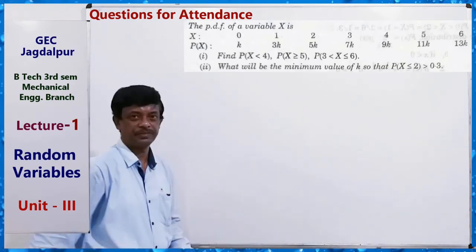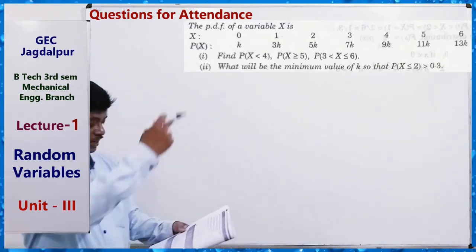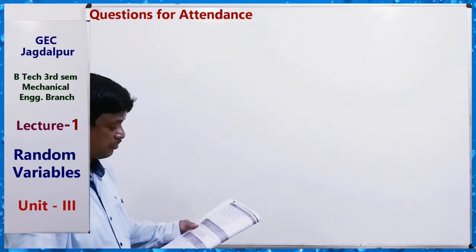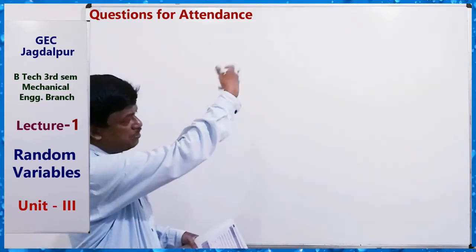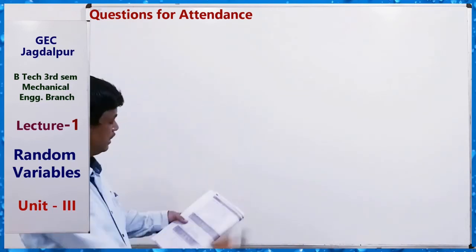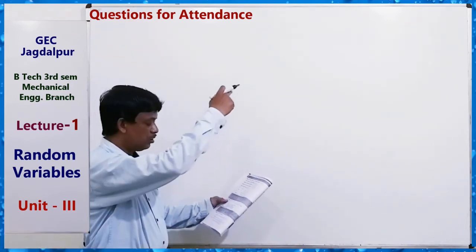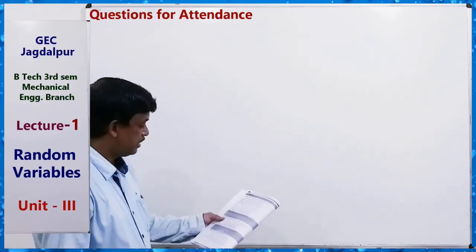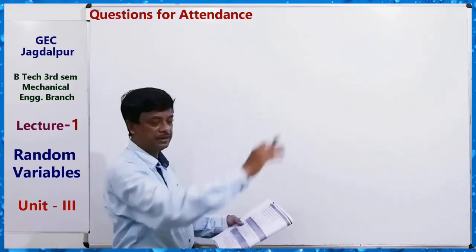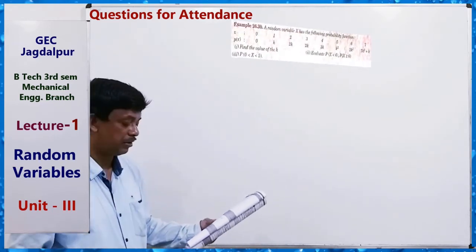next question for your attendance. That is, a random variable x has the following probability distribution, just the same as the previous question. Here x is 0, 1, 2, 3, 4, 5, up to 6, up to 7, and the probability is also given. Here k square is also involved.